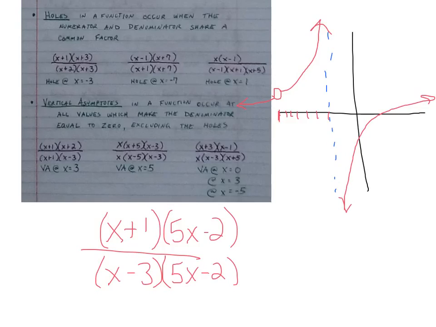So the way I could see that is 5x minus 2 equals 0, 5x equals 2, so the hole is at 2/5.